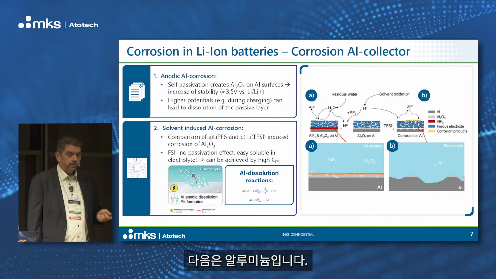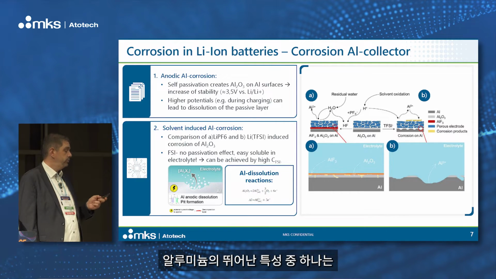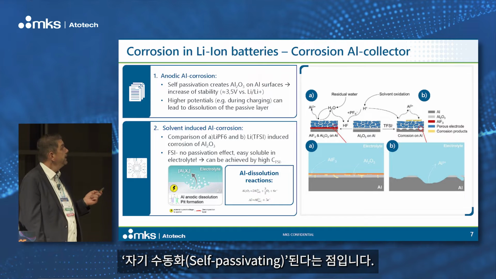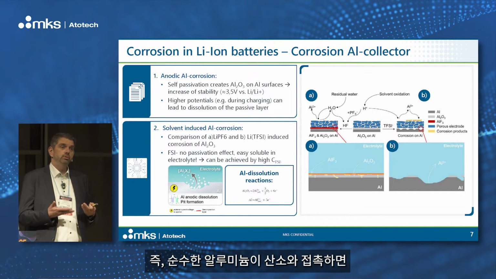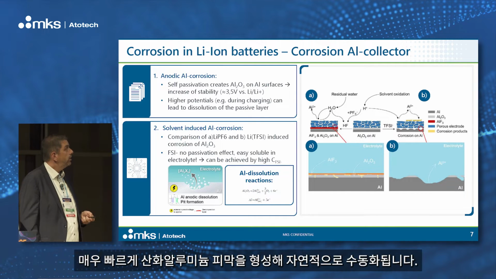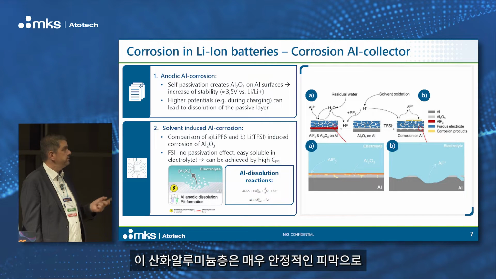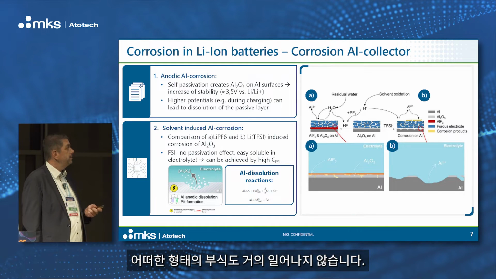Then looking at aluminum. One nice property of aluminum, as we may all know, is that it's self-passivating. So if you have pure aluminum in oxygen, so in our environment, it will very quickly passivate itself with aluminum oxide, which is a very passive layer, which under normal conditions does not undergo any type of corrosion.